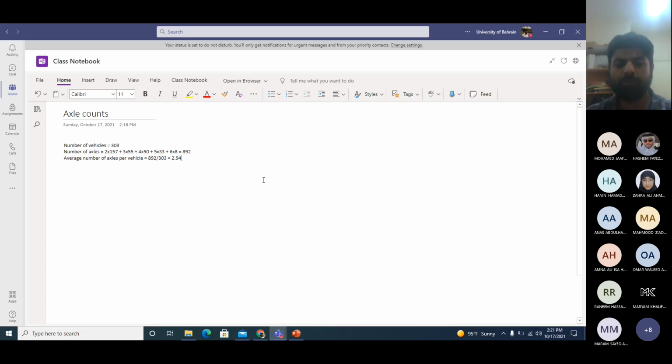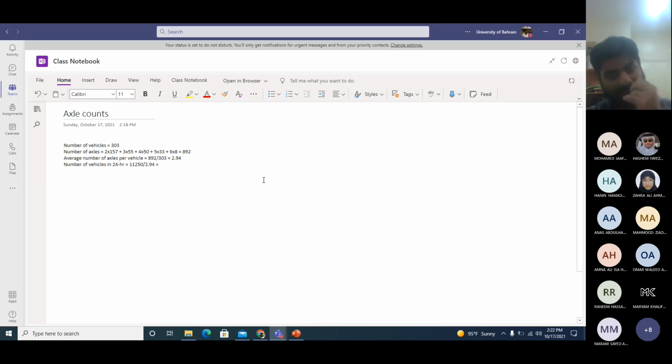So to convert the number of axes into number of vehicles, I will just take the number of axes which was observed by the road tube, which was 11,250, and divide by this number.